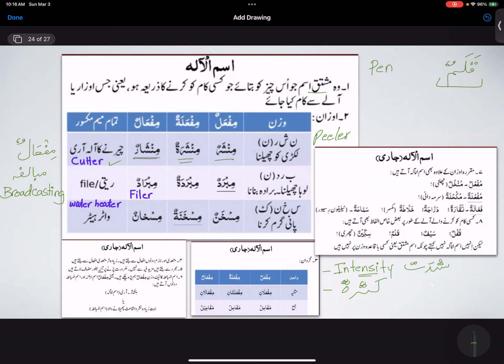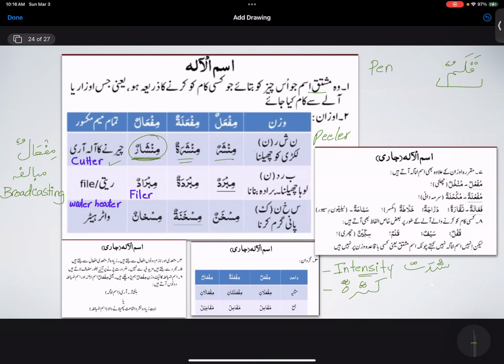And we know that broadcasting happens 24/7 basically. So it has shiddat, it's going on and on, and it has kasra. So this minsharun could be ism mubalagha and minsharun could be ism ala. But obviously the context can help us out when it is being used as ala or as mubalagha.